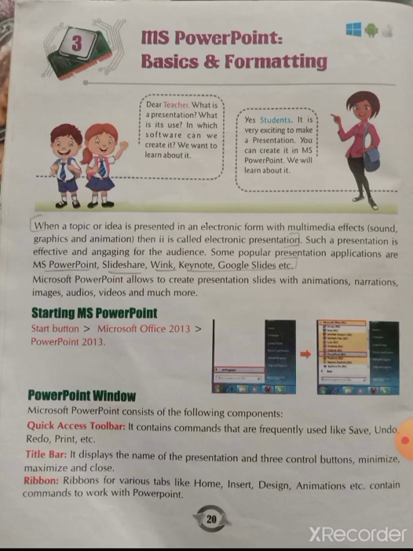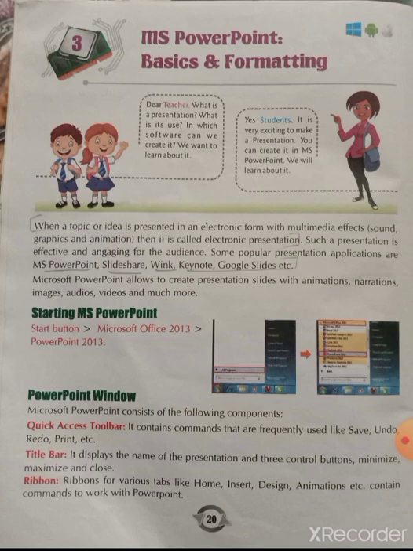In that list you will get the option for Microsoft Office, a folder. Once you click on that folder, it will display a list of related Microsoft Office applications. So in that list you will get the Microsoft Office PowerPoint presentation application. Understanding everyone? So this is how you will start the MS PowerPoint application.